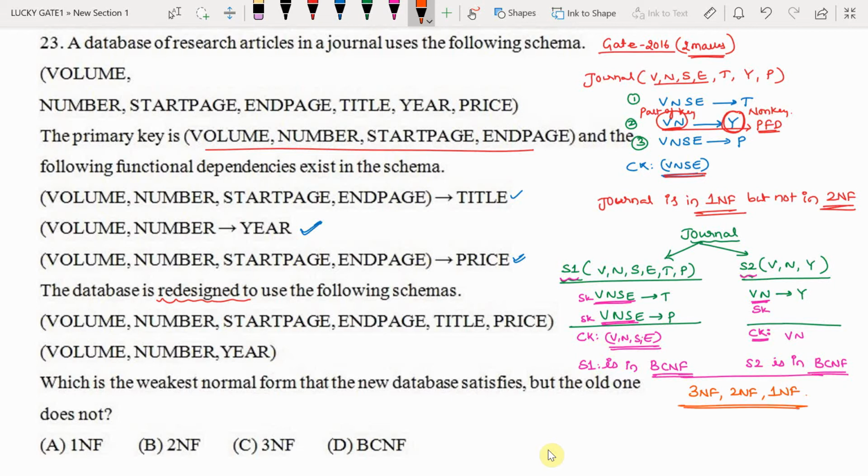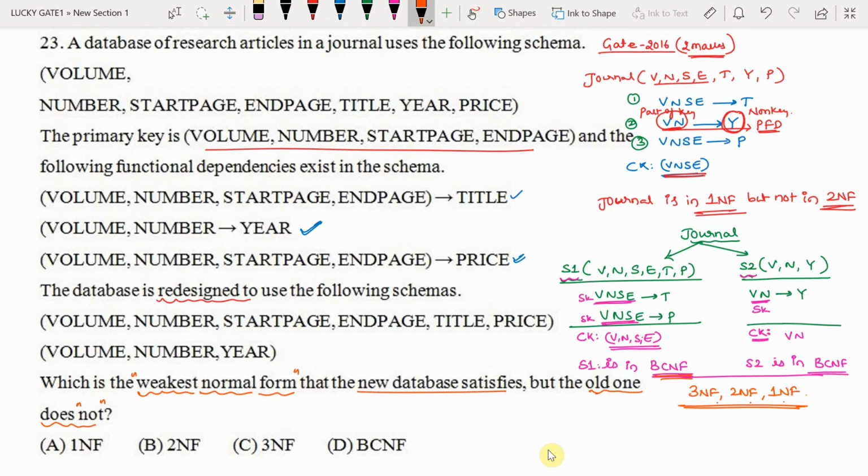Now coming to the question. Which is the weakest normal form? The question is the weakest normal form that the new database satisfies, but the old one, this is important, does not. The new database satisfies the highest normal form BCNF, 3NF, 2NF, 1NF.